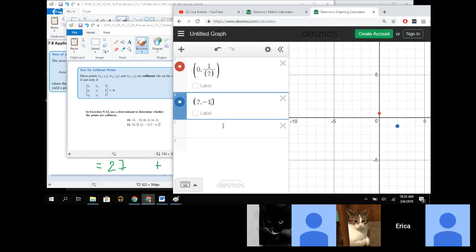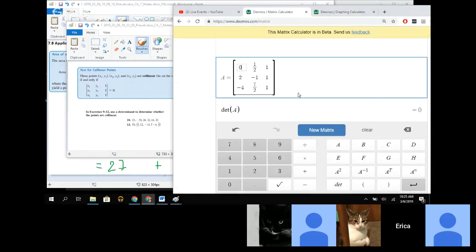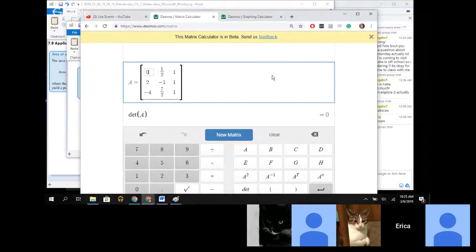Telling me I can't type today. -4 and 7 divided by 2. If you graph those 3 points, blue, red, green, they look like they are on a line, but our matrix has verified that they are indeed collinear. All right, pretty easy.